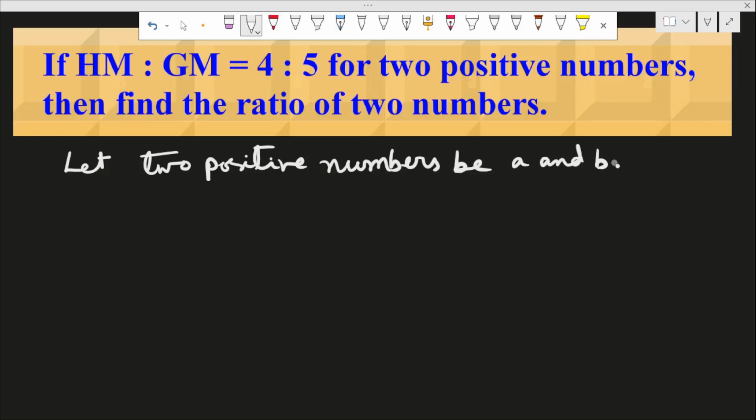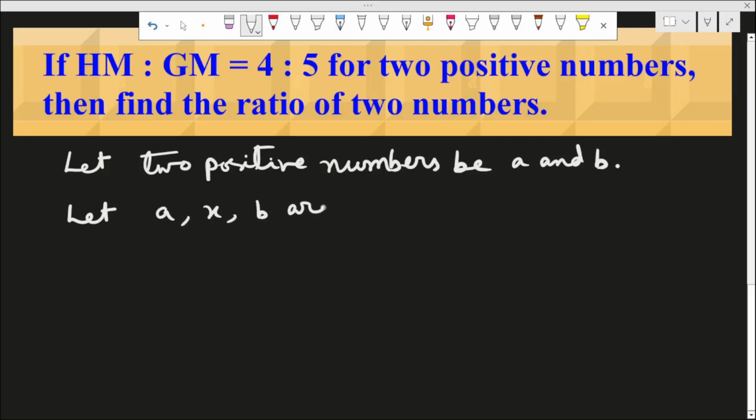So to find the harmonic mean of A and B, we assume that A, X, B are in HP. HP means harmonic progression.